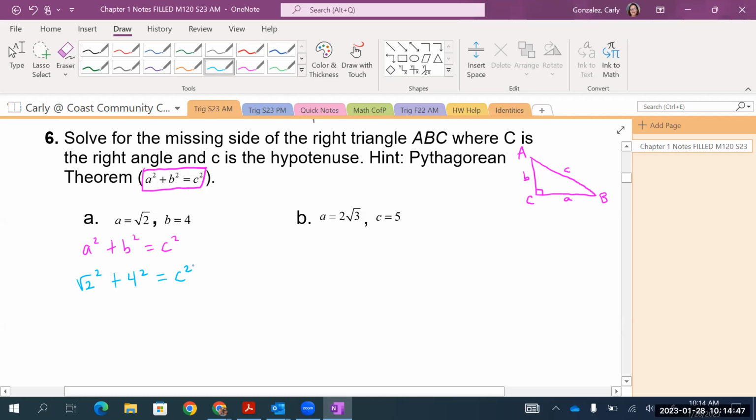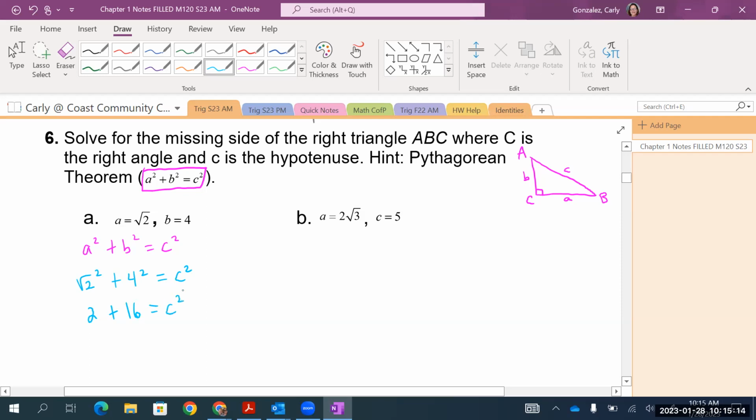So again, the square and the square root on 2 will cancel out. And so on the first term there, we're just left with 2. Or similarly, we could square the 2 and get the square root of 4, which is still 2. Now, 4 squared is 4 times 4, or 16.